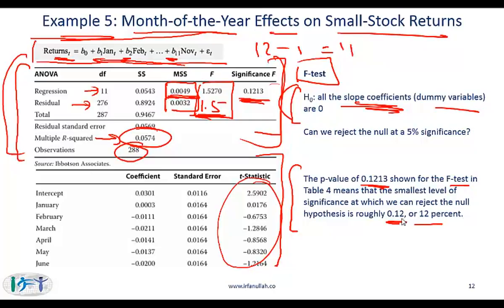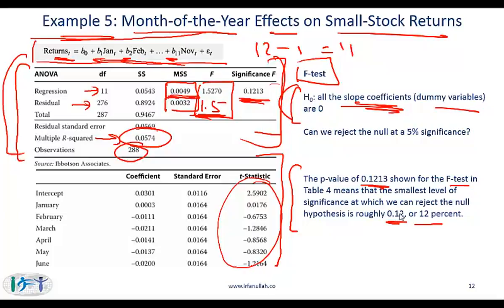But we generally don't do things at the 12% significance. We do things at typically the 5% significance, maybe the 1% significance. So at a 5% significance, we cannot reject the null. Can we reject the null at a 10% significance? No. So can we reject at 12%? Then we are at the borderline.